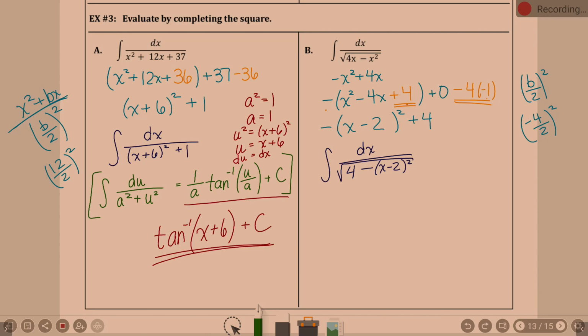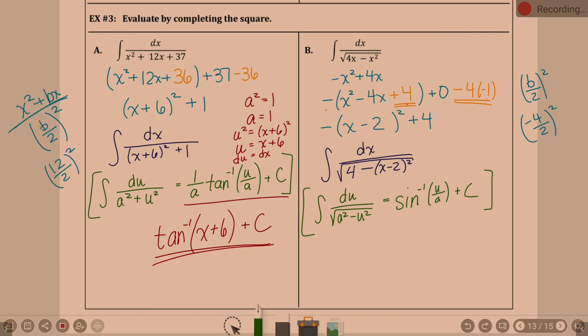So if you go back to that page, the integral of du over the square root of a squared minus u squared is equal to sine inverse of u over a plus c. Okay? This is straight in your notes, right? This is copied from like page 390 or whatever.